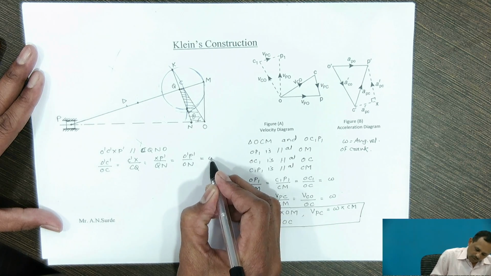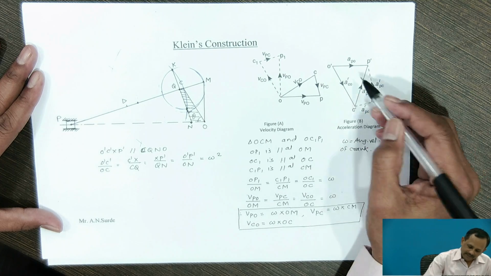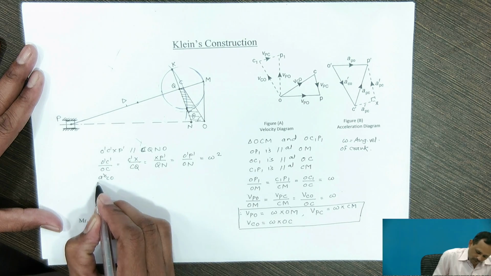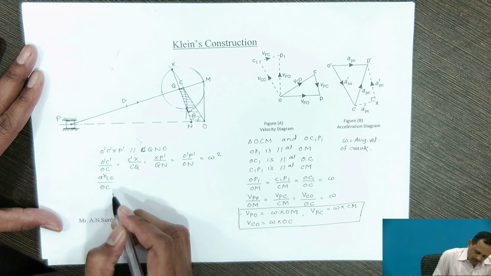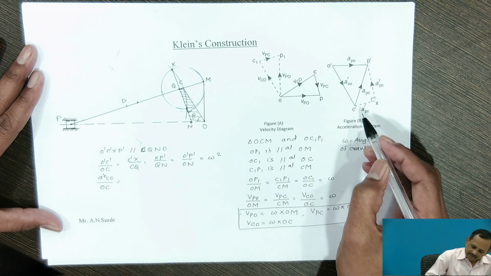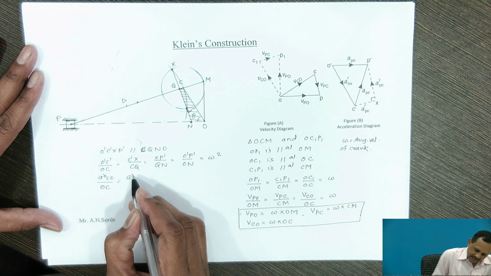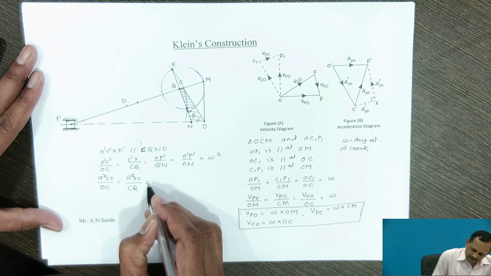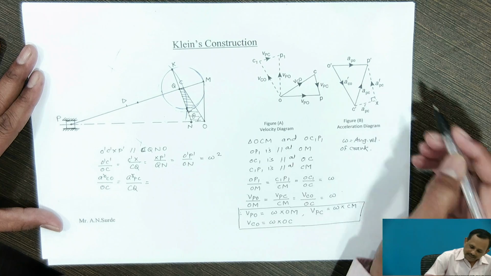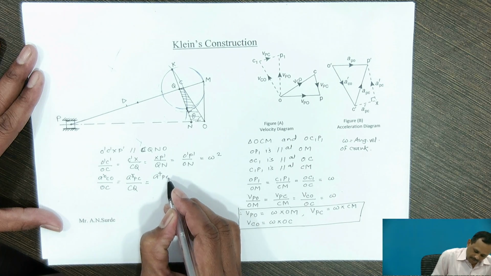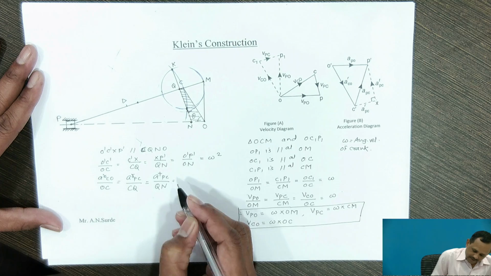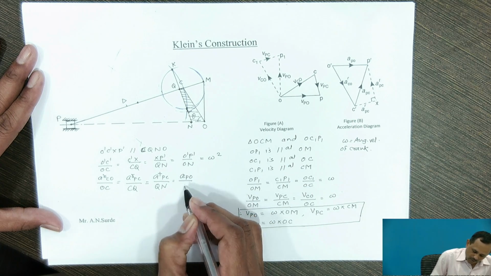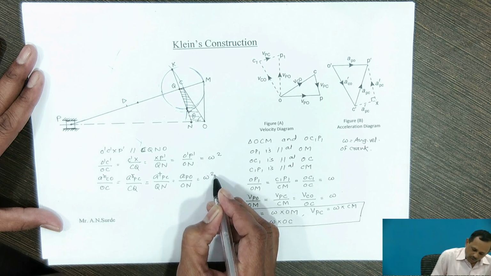Vector O dash C dash represents the radial component of CO divided by OC. Similarly, vector C dash X represents the radial component of PC divided by CQ, which is equal to vector X P dash, which represents the tangential component of PC, divided by QN, which is equal to vector O dash P dash, which represents acceleration of P with respect to O, divided by ON, which is equal to omega square.